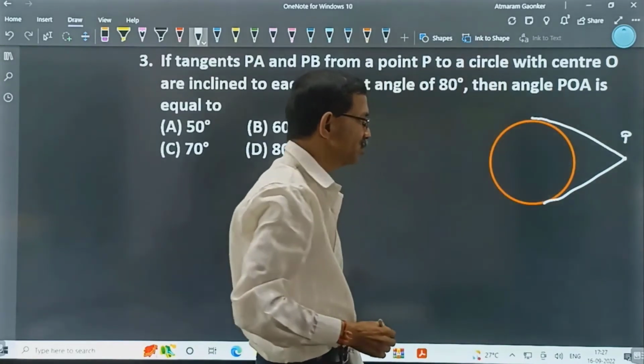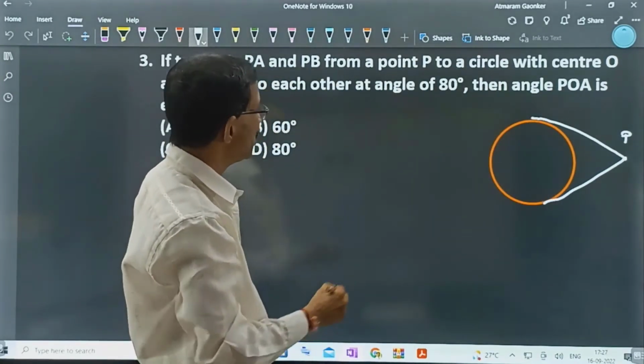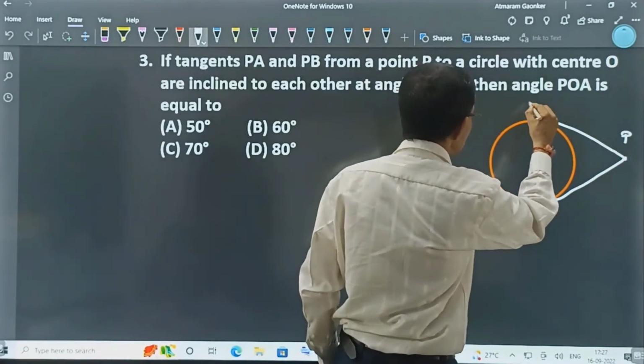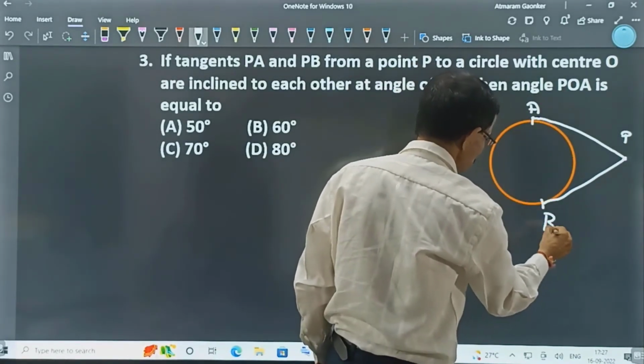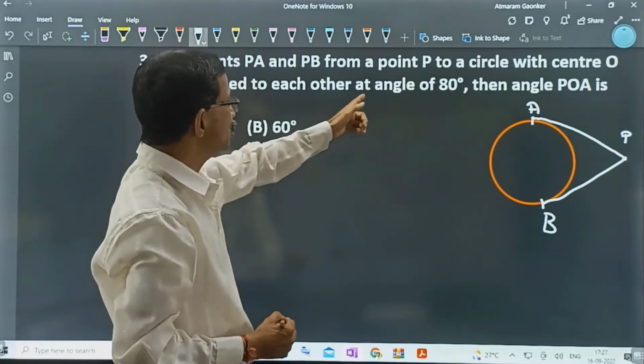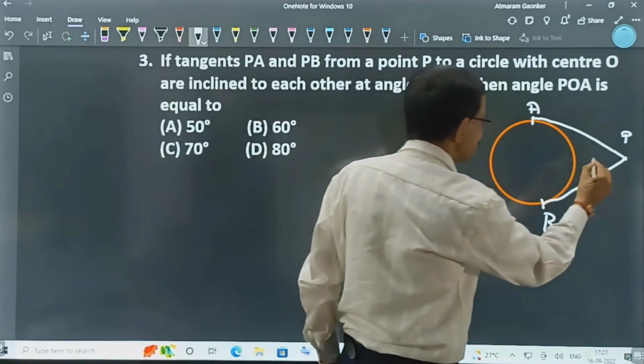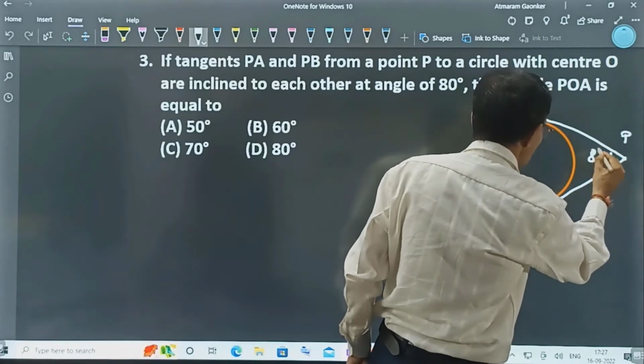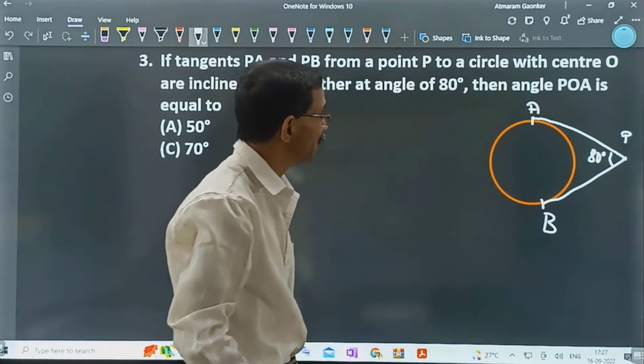These are the two tangents and the tangents are PA and PB. So this point is A and this point is B. These two tangents are inclined to each other at an angle of 80 degrees. So this angle is given as equal to 80 degrees.